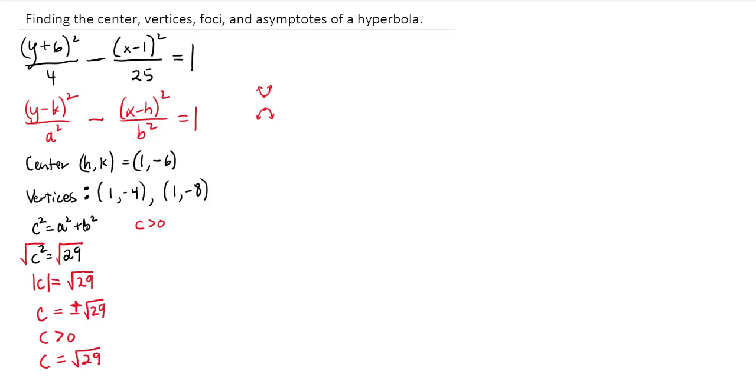Now remember what we're trying to find here. We're trying to find the foci, and the foci are located just inside those vertices, somewhere around there. So we're going in the up and down direction again from the center. We could actually find our foci now.